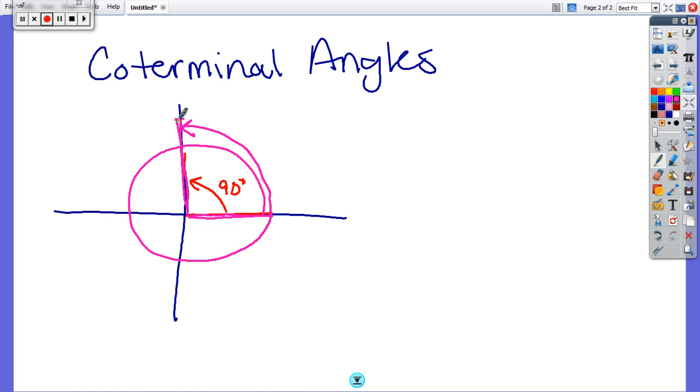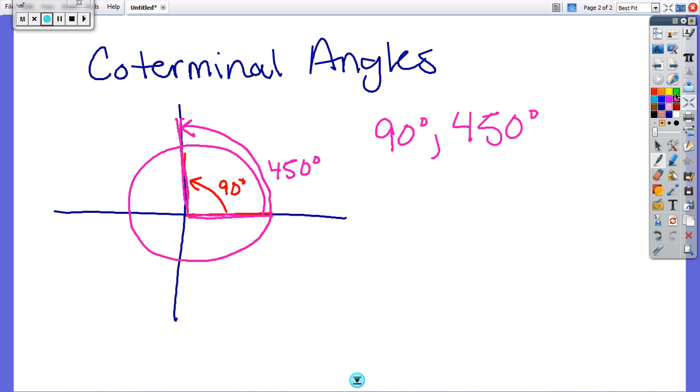It has the same terminal side as well, so they both started in the same position and they both end in the same position. But these are coterminal angles. So 90 degrees is coterminal with 450 degrees. And I'll label this one as 450.